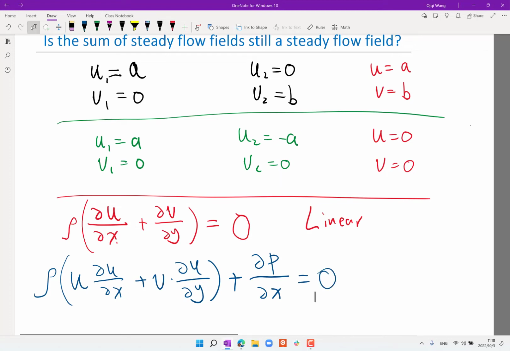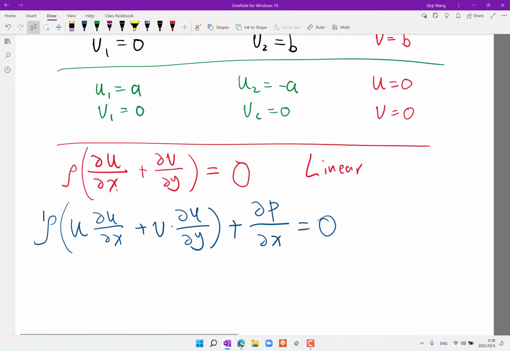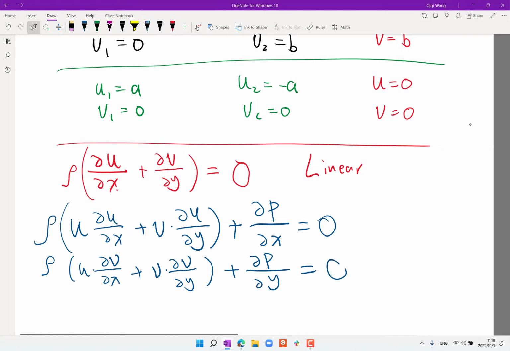Equal to 0 because I'm assuming inviscid. And in the y direction, it's rho times u times dv dx plus v times dv dy, plus the pressure gradient in the y direction, equal to 0.